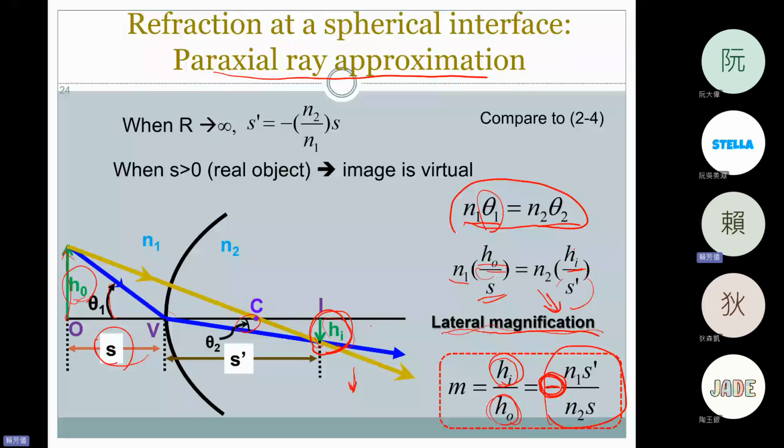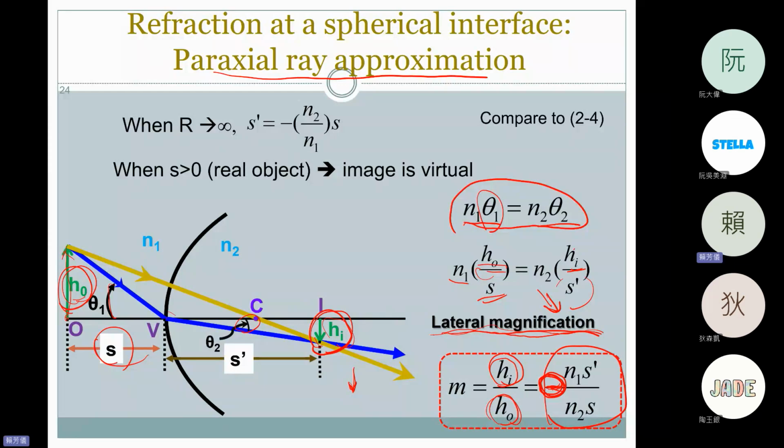If the object direction is upward, then the image will be downward. So when you calculate the lateral magnification and get a positive m, that means the image has the same direction as the object.